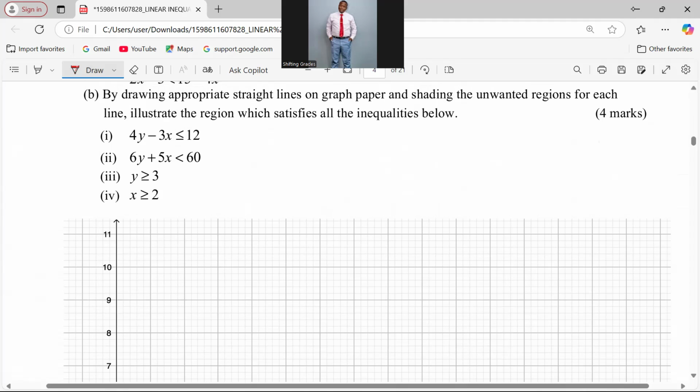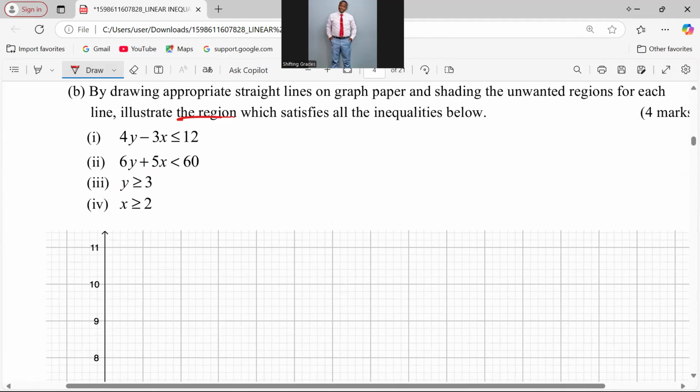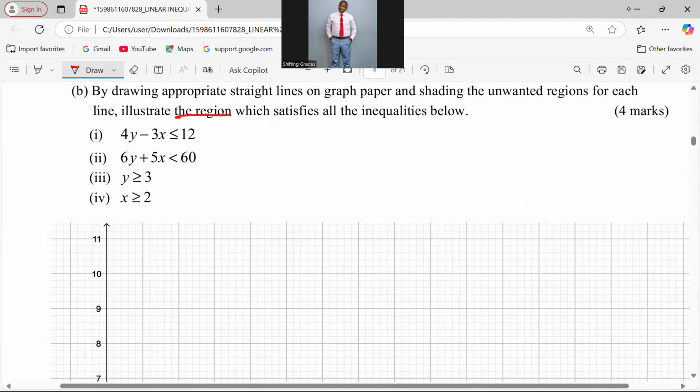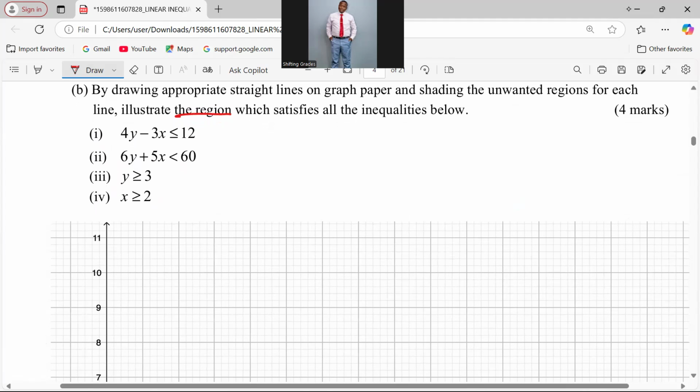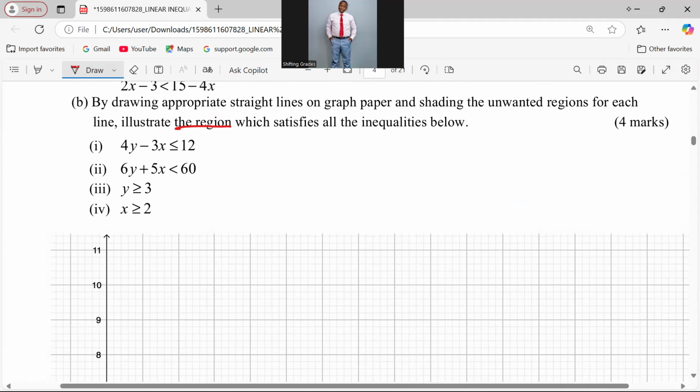So the language of region may not be common to the grade 9 learner, but plotting of lines and shading a required region, that one now is your level. So let's first plot lines and shade where they should be shaded.